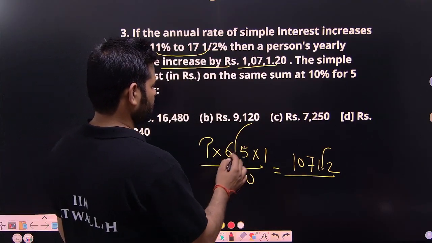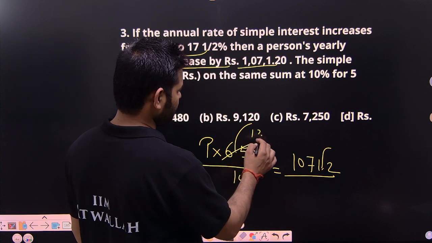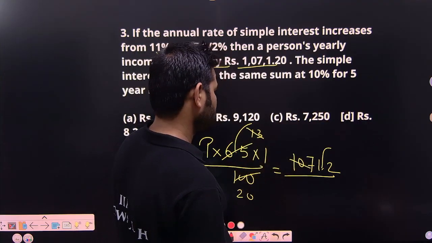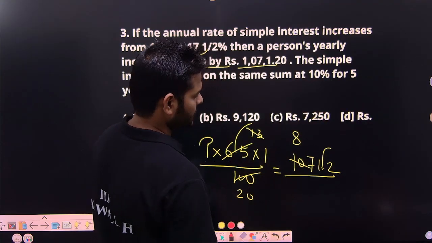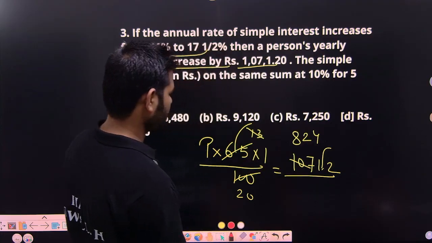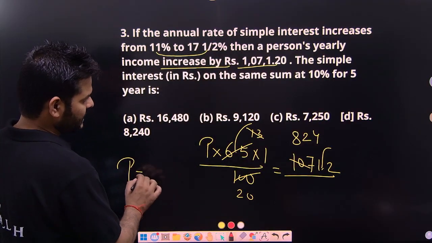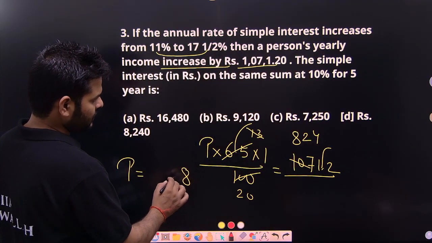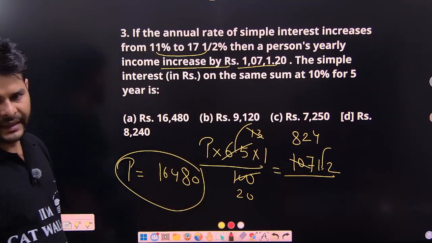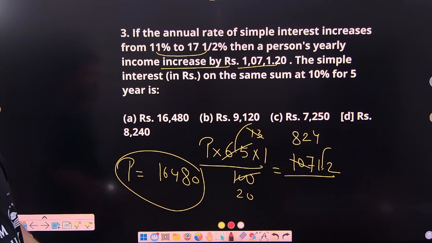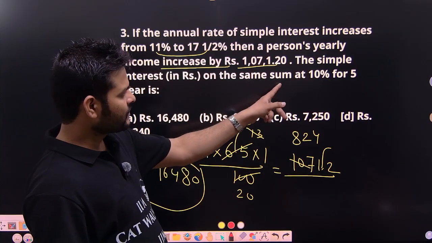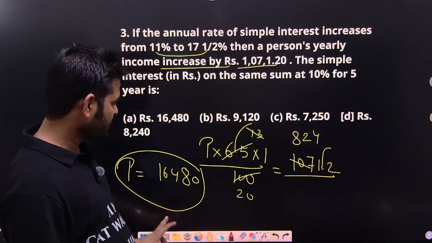You will see 5 1 is 5, 3, 2, 8 times, 3, 2 times, 4 times. So from here you will get principal 8, 4, 16. 16,480 is your principal. Now on that principal, the simple interest on the same sum at 10% for 5 years.